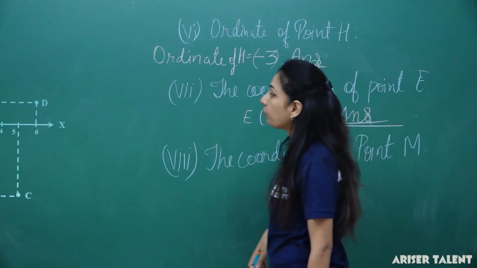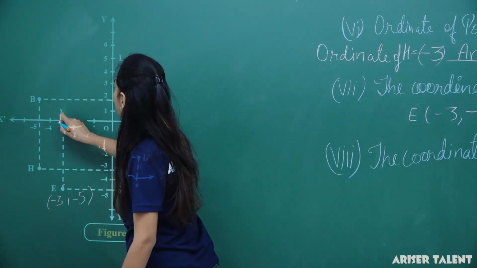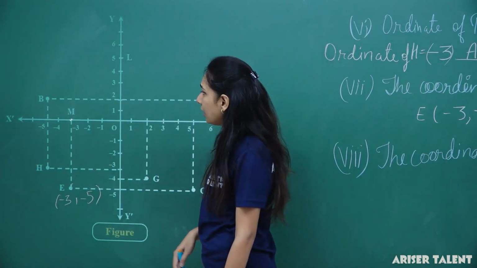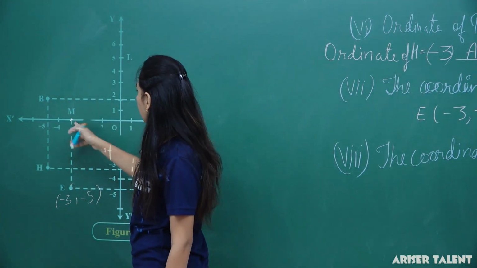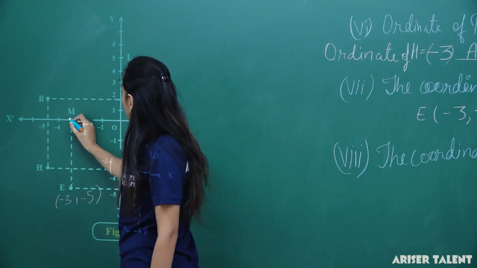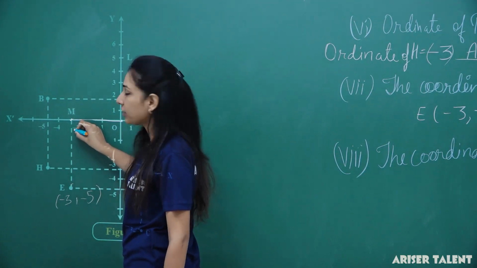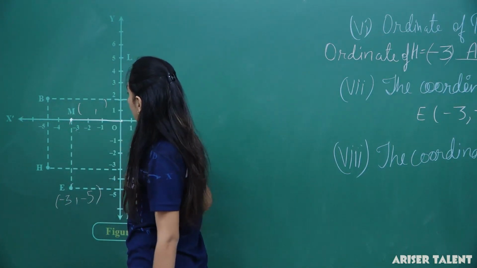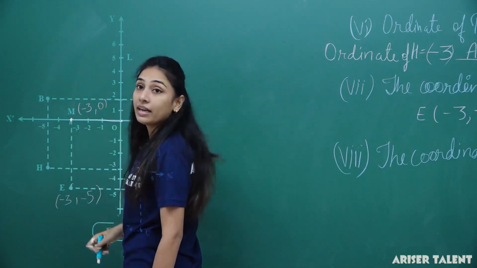Right, the coordinate of point M. Now we have to talk about the point M. Look at it here, this point. You might be a little bit confused. On the x-axis it's minus 3, but on the y-axis it's 0. So these 2 values make this M: minus 3 on the x-axis and 0 on the y-axis.